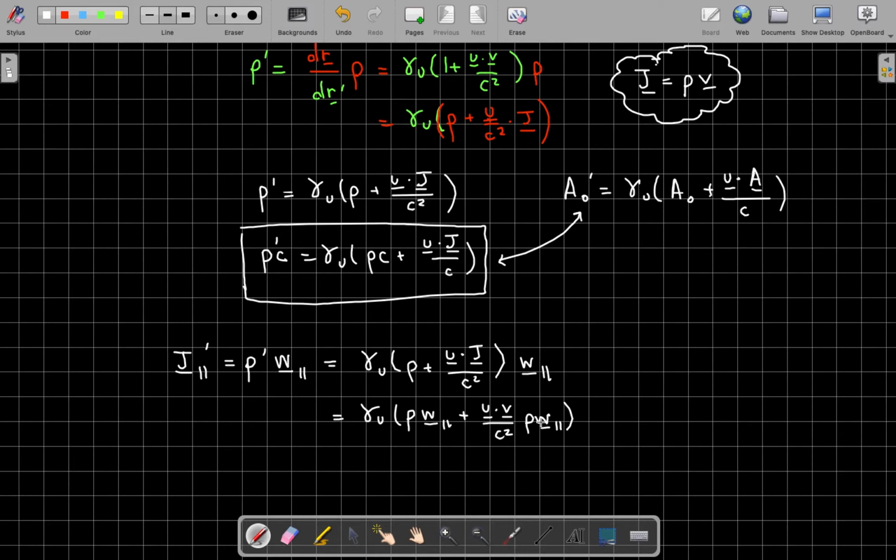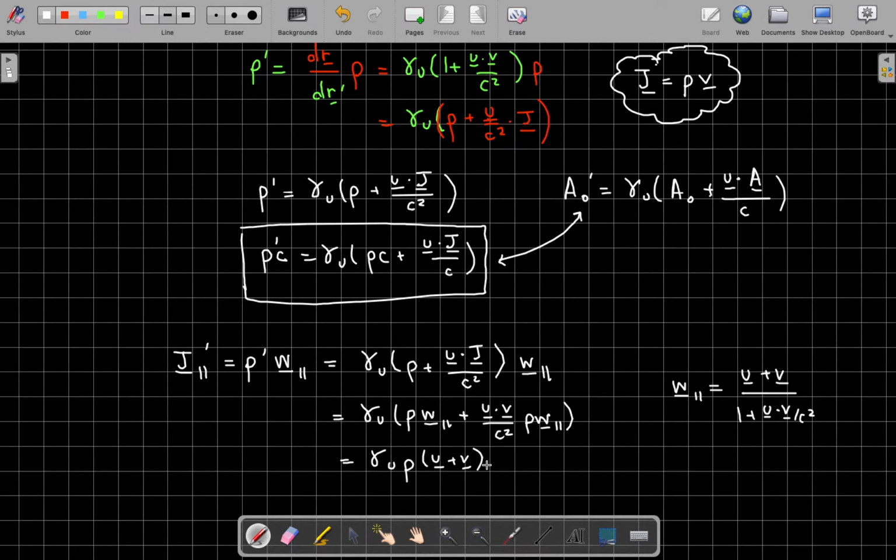Now we use the fact that W parallel from the velocity addition is equal to u plus v divided by 1 plus u dot v over c squared. This is another one of those important special relativity relations. And this just gives you, after some simple algebra, gamma u rho u plus v.